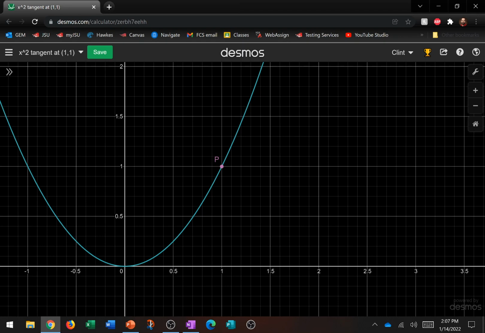So the problem we have is we only know that one point, the point (1, 1), on our tangent line. We can figure out as many points as we want on the parabola, but having more points on the parabola doesn't solve our problem right away, because we don't care about the other points on the parabola so much as we care about other points that will be on the tangent line.